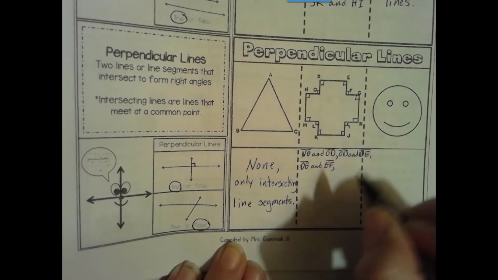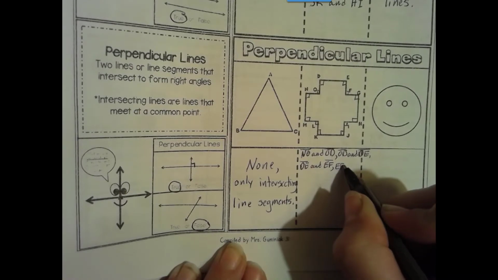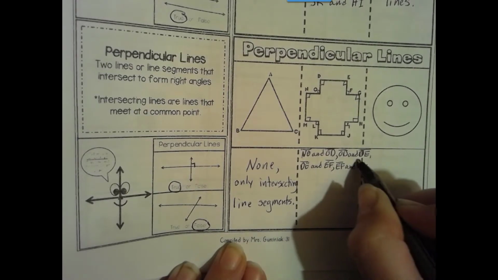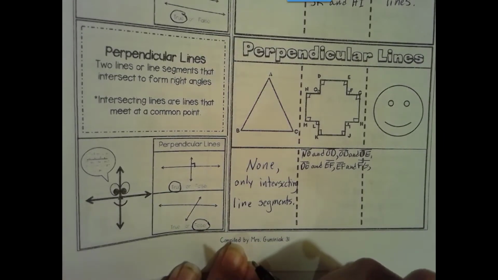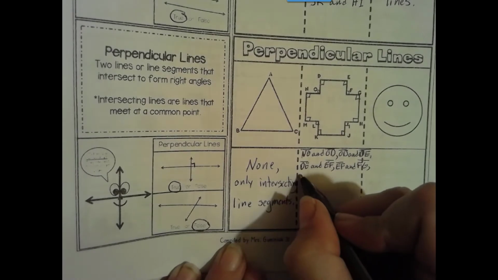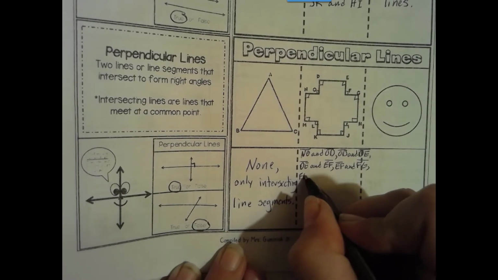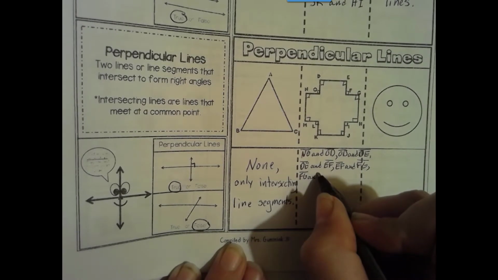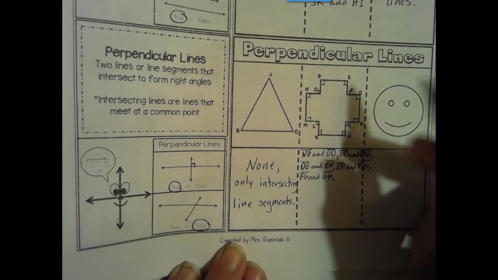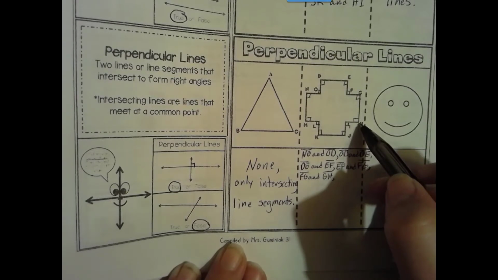EF is perpendicular to FG. Okay, FG is perpendicular to GH. GH is perpendicular to HI.